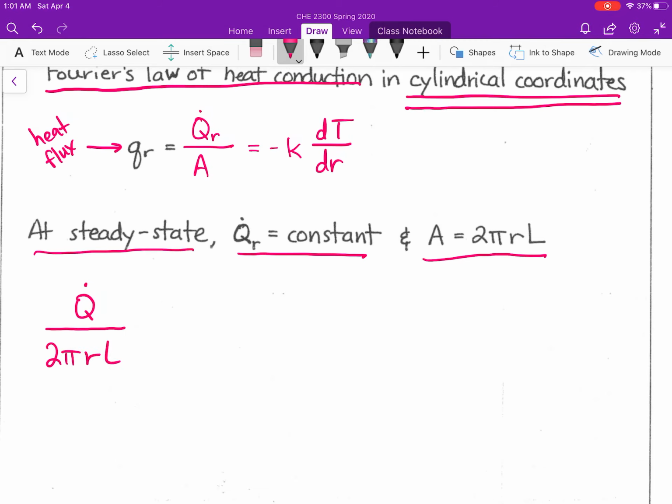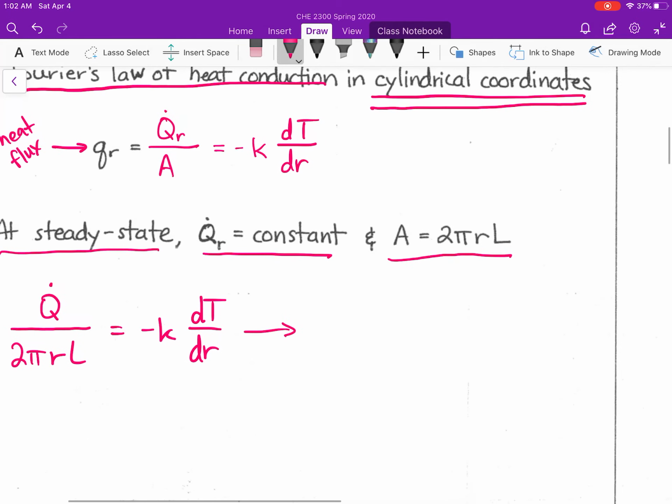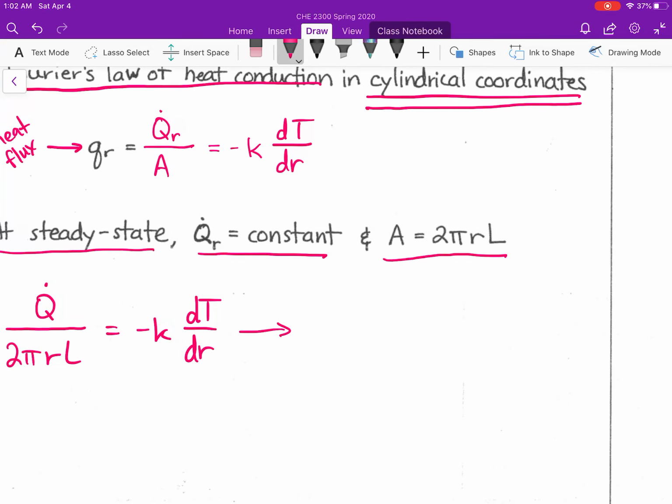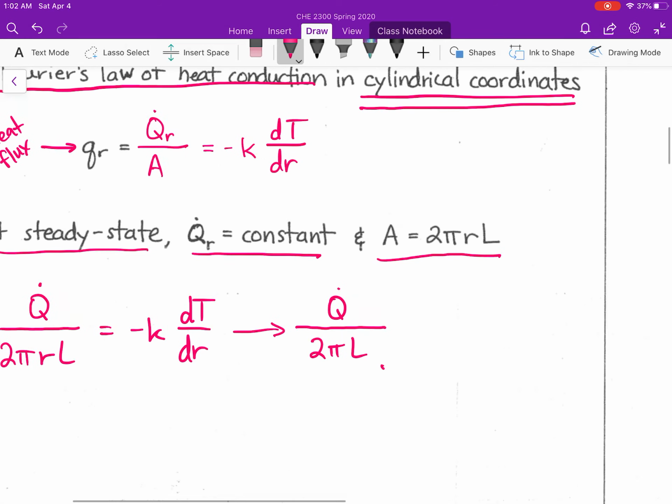So if I plug in 2 pi RL, that is equal to negative K dT dr. Now I'm going to integrate both sides of this equation. So I move the dr over to the other side, and I take the integral from the inner radius to the outer radius.